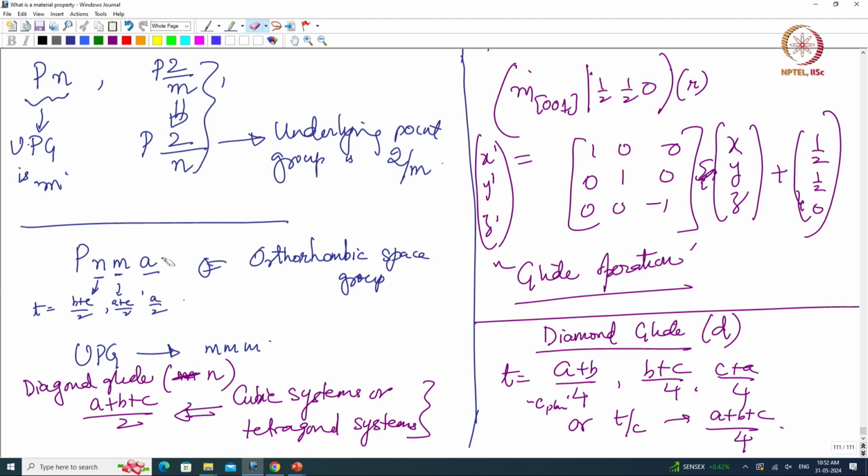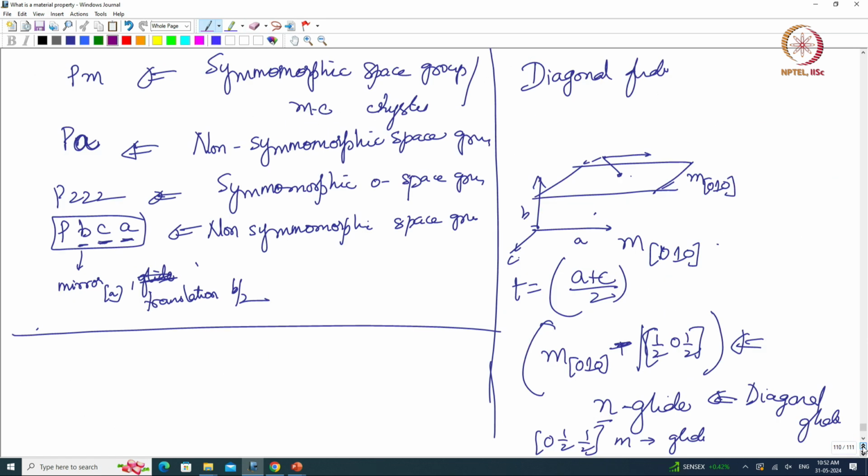I have made a mistake here in the notation, so let me correct it. M is not a glide, M is just a mirror. The diagonal glide is only the N glide. Pardon me for that; M is just the mirror operation, irrespective of the direction of the glide.